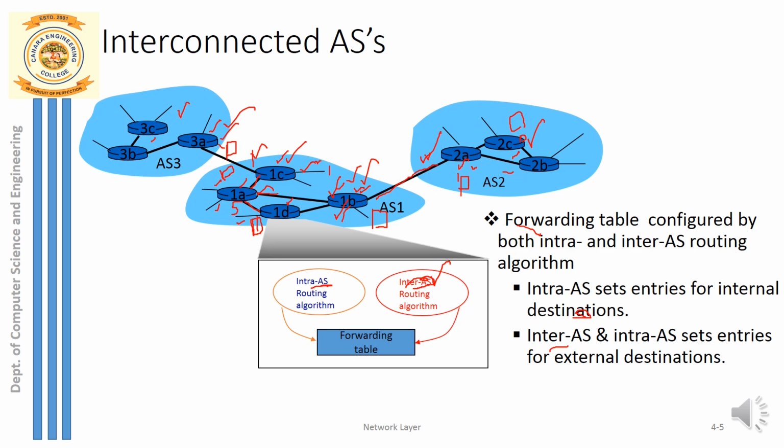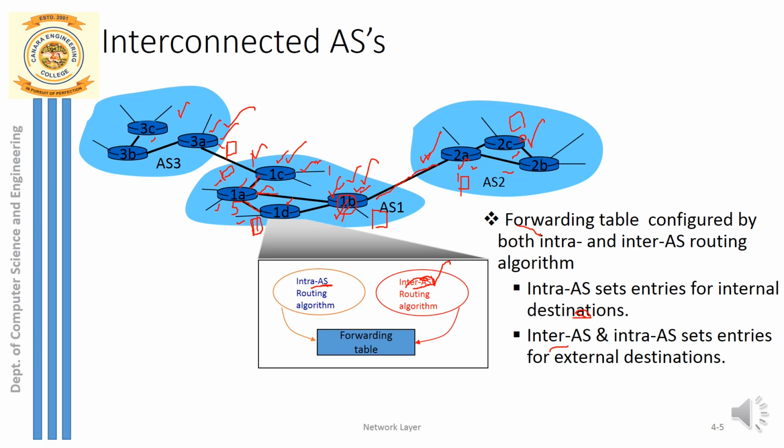So it is actually the duty of this router node 1B to tell about all the reachable nodes via 1B. So 1B first has to calculate the shortest distance to all reachable routers.